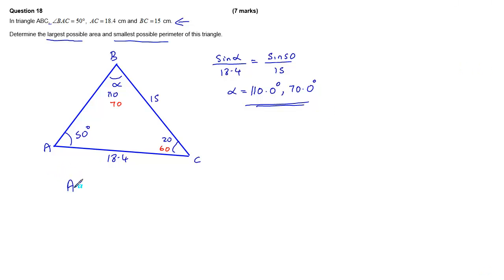So area max. Well, we know the formula is a half ab sine C. Let's use these sides that we know. And sine of 60 is definitely bigger than sine of 20. So for the maximum area, we want a half times 15 times 18.4 times the sine of 60.